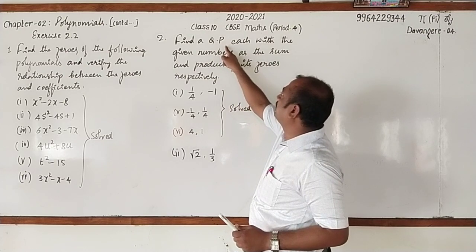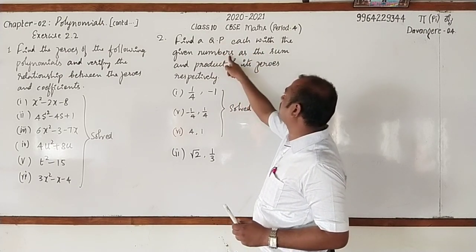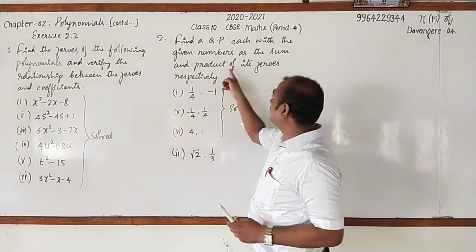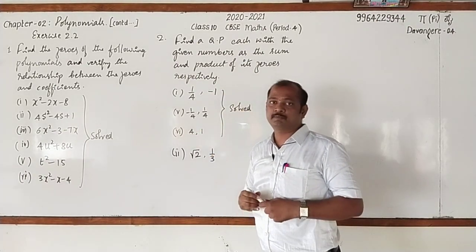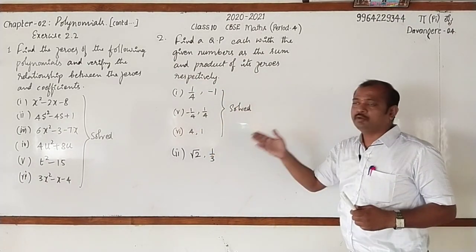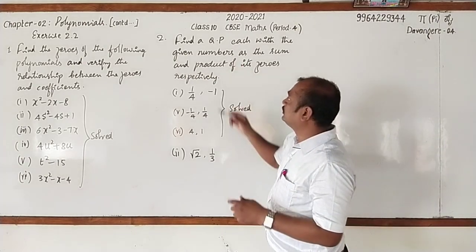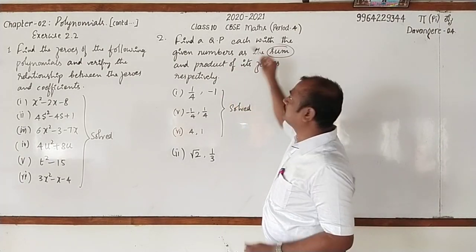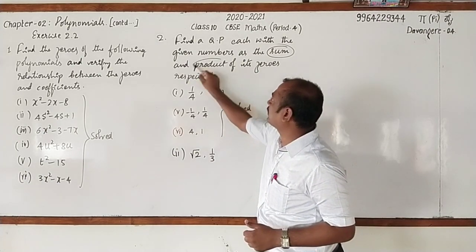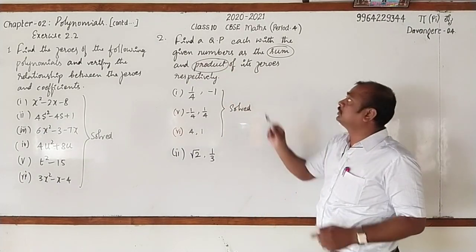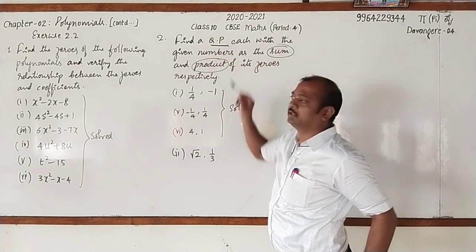Find a quadratic polynomial each with the given numbers as the sum and product of its zeros respectively. Here they are given two numbers, and those numbers represent the sum of the zeros and the product of the zeros, and you are going to find the quadratic polynomial.